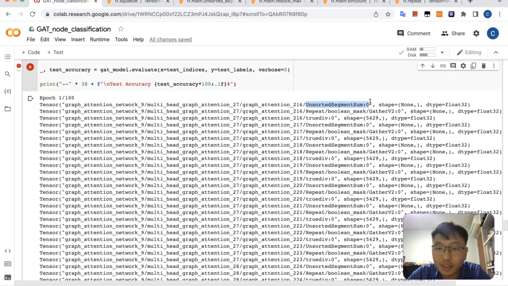Okay, so unsorted segment sum, its shape. Oh, okay. So they still cannot do this because this is not runtime yet, so I cannot understand the shape from here. But we get the final shape to be 5429 at the back.